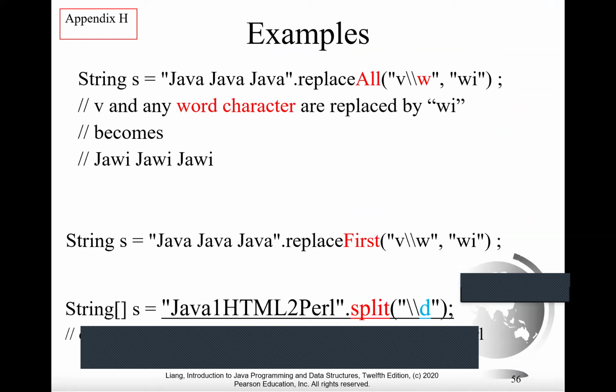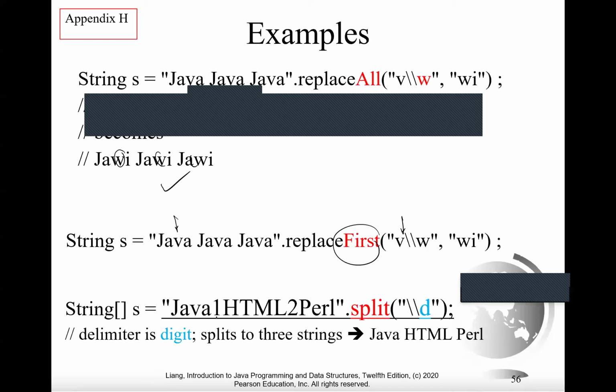So string s = Java, Java, Java, replaceAll. So word character, V to W and so on. So look at it now. Java, V to W, Jawa, Jawa, Jawa. Okay. Replace first. So only the first one. V. The first one is this one here, right?